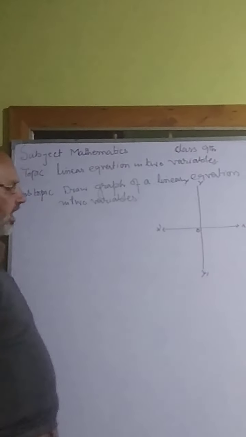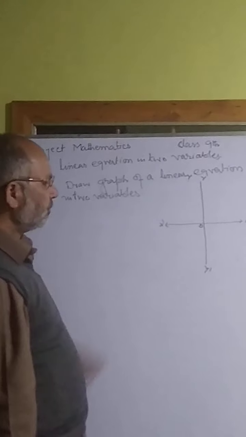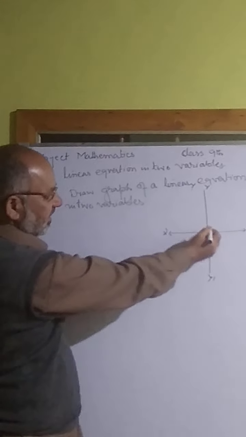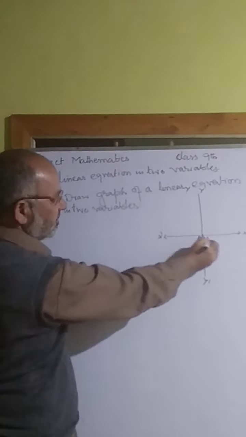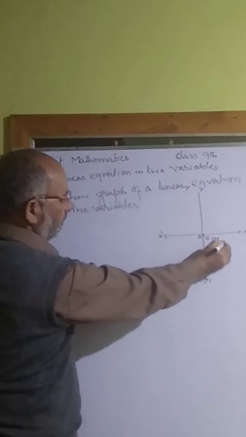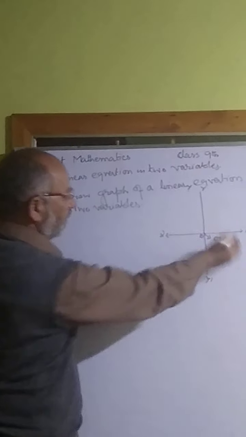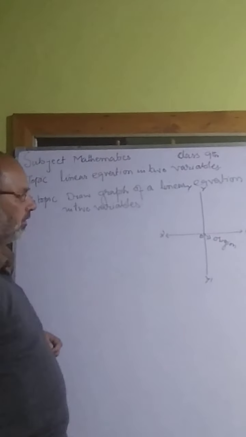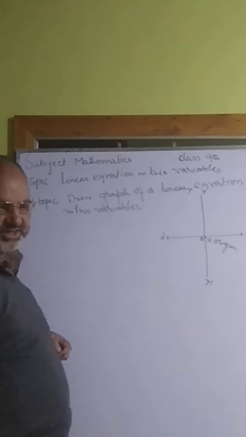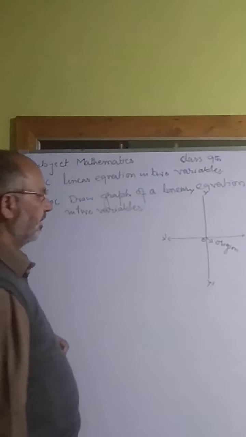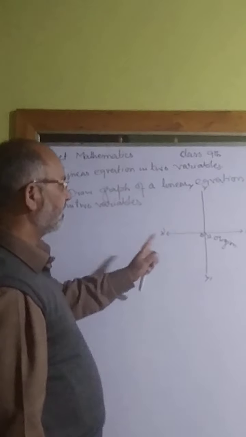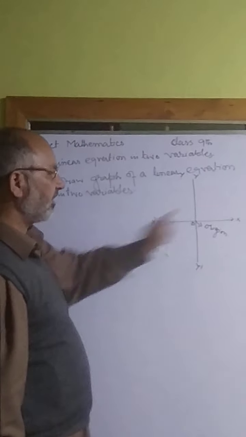The point at which the two lines intersect each other is called the origin, or point of intersection. These two lines make four quadrants.